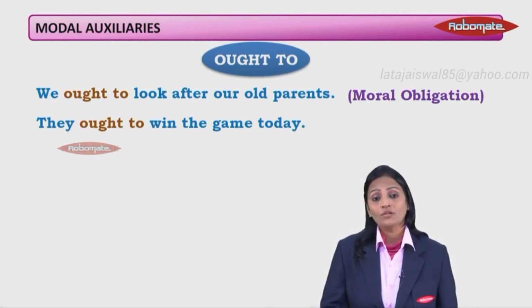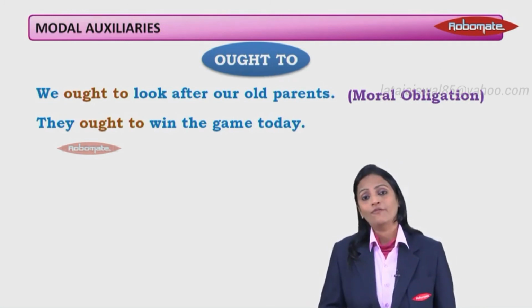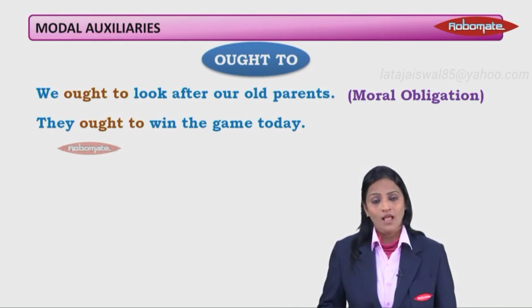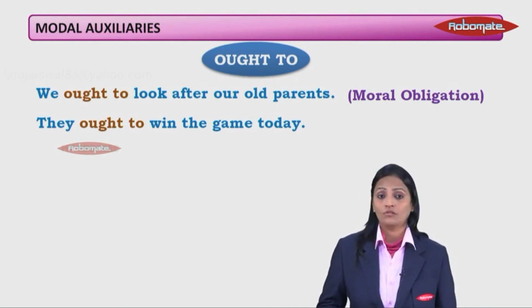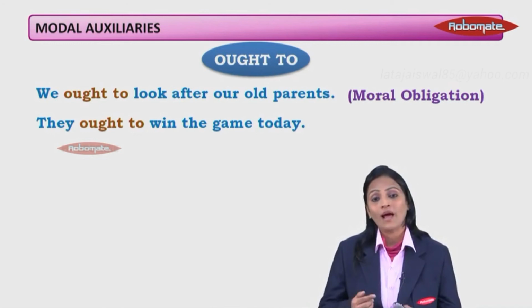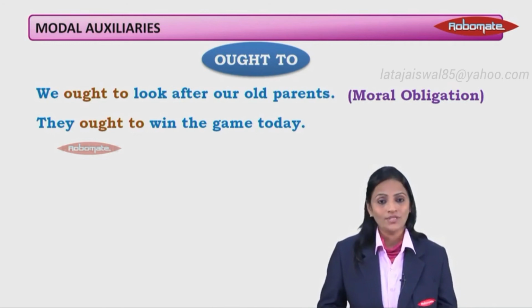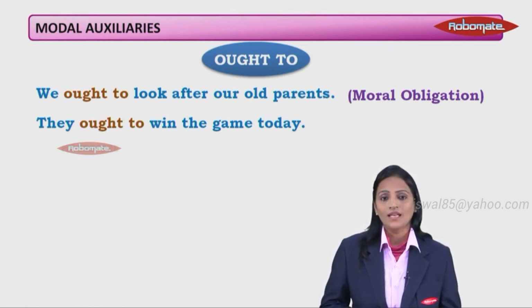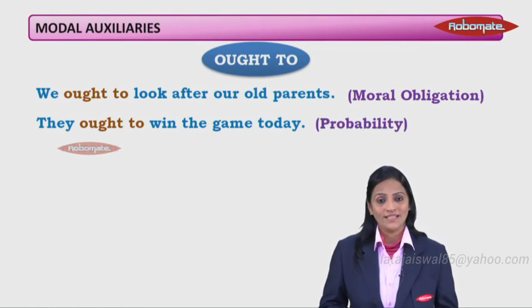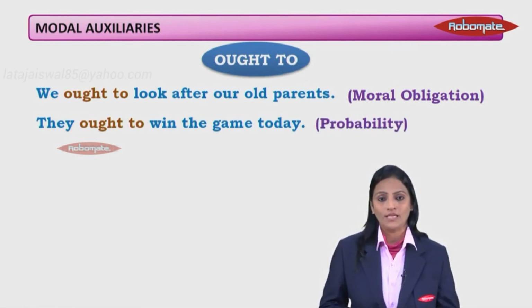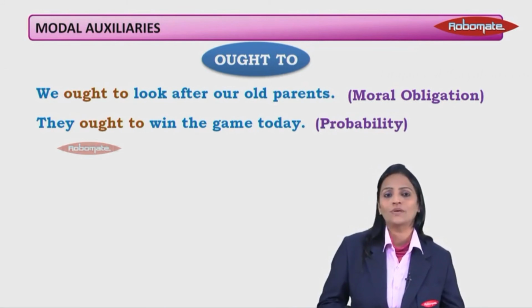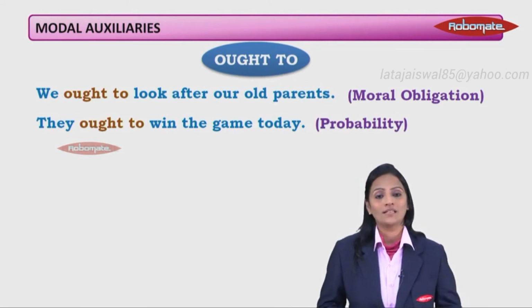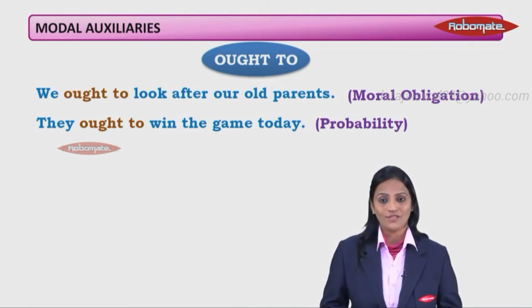The pitch, the weather is very suitable for the home team and the batsmen are strong, the team is strong. Then keeping in mind these conditions, you say that they ought to win the game today. That means it is probability. It is probable that this will happen based on certain situations and conditions.